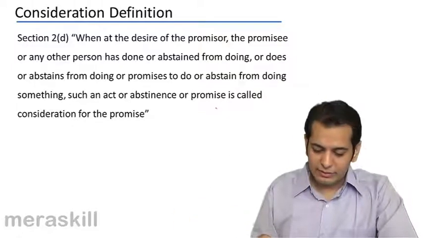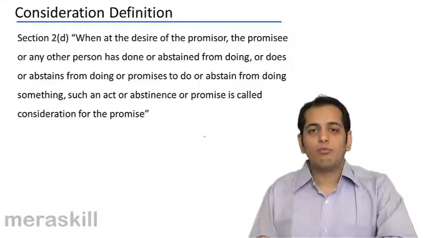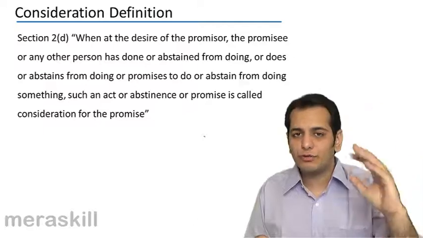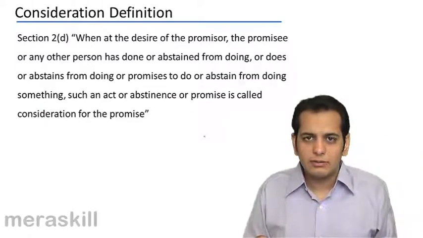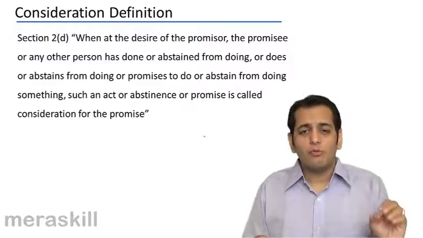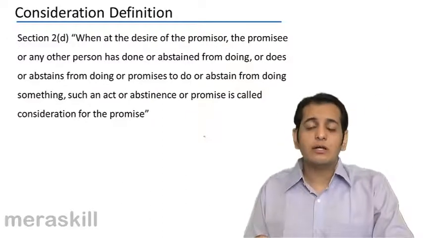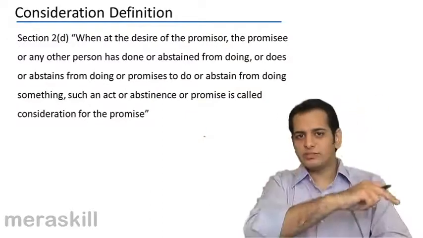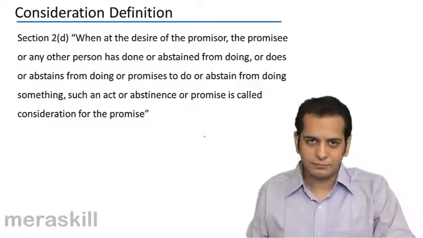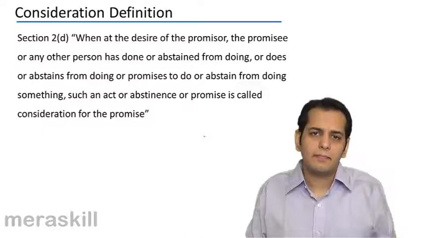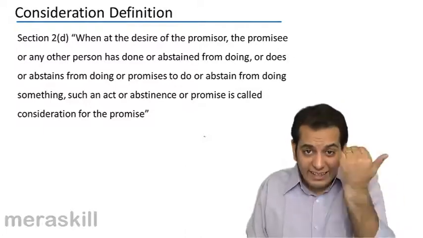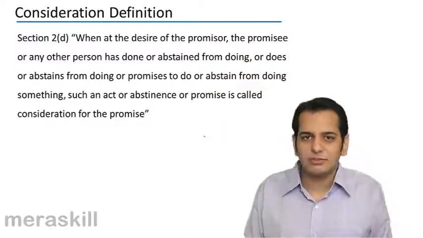Now, in this case, can you tell me what is the consideration for you? If you give 10 rupees and get a Dairy Milk chocolate from the shopkeeper, what is the consideration for you? The consideration for you in this case is the chocolate, because you are paying something and what you are getting in return is consideration.